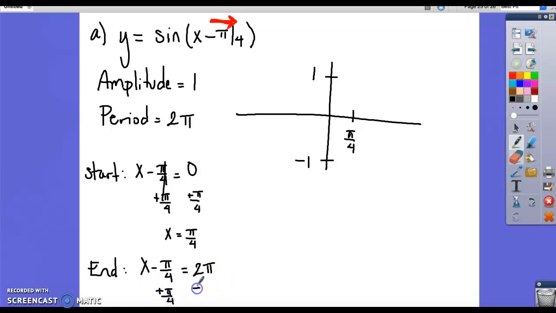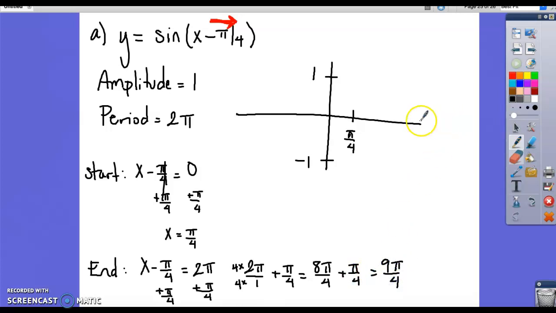Or logically, you can just add pi over 4 to 2 pi. So I've got 8 pi over 4 plus pi over 4 equals 9 pi over 4. So one period of my graph, if I start at pi over 4, is going to end at 9 pi over 4.